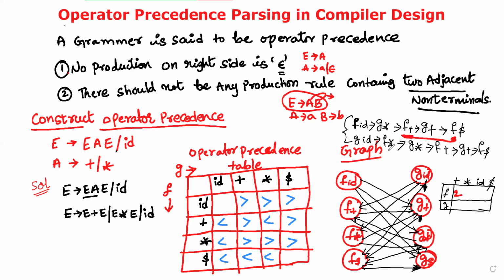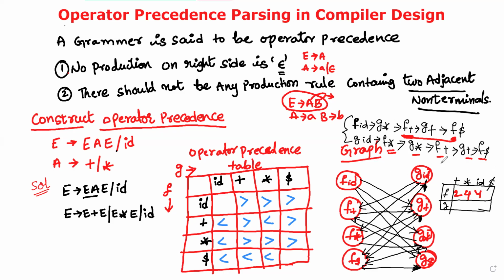So from f star to f dollar, 1, 1, 2, 3, 4, I can write 4. f plus to f dollar, again the value is, so f of id on the next. So f of id to f dollar, 1, 2, 3, 4, friends.